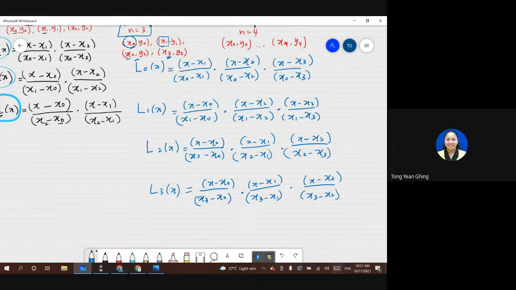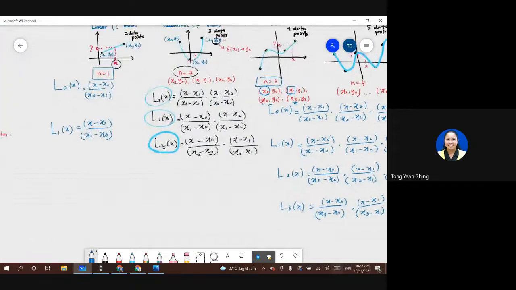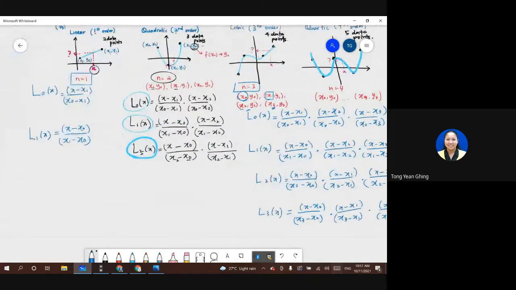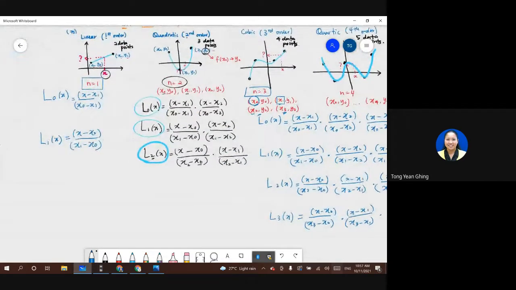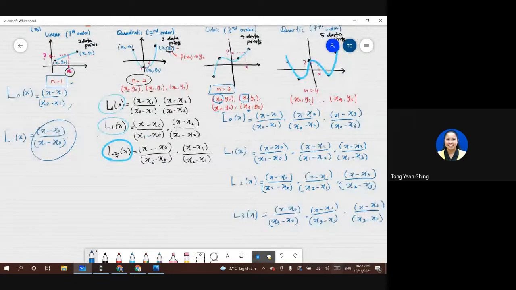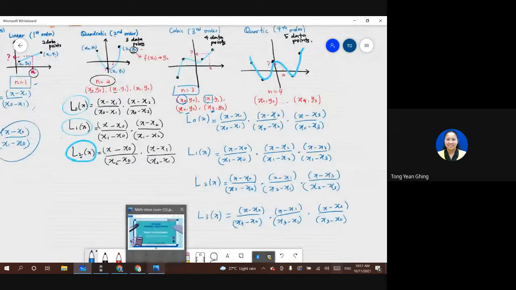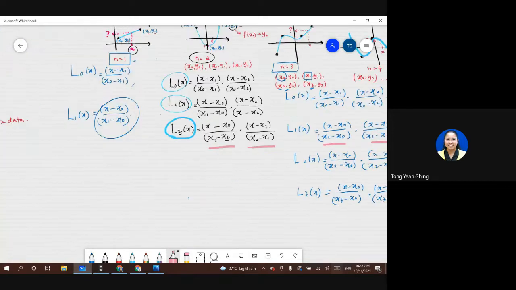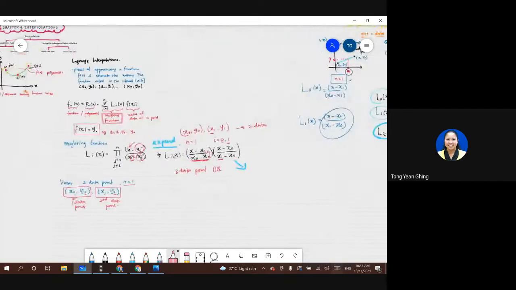So if there are more data points, the product becomes longer. So you look at here, when this is a linear polynomial, first order of polynomial, linear approximation, n is 1, it is just one time. When n equals 2, you look at here, we have 2 times. When n equals 3, 1, 2, 3. Okay, so we continue with this one.